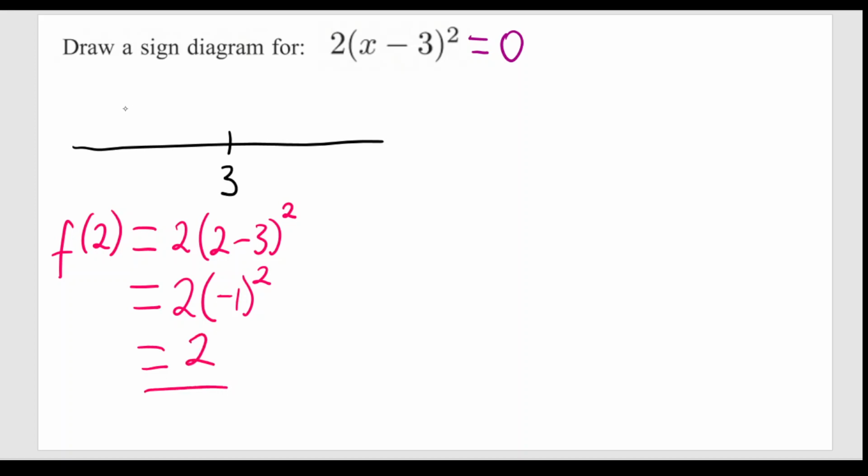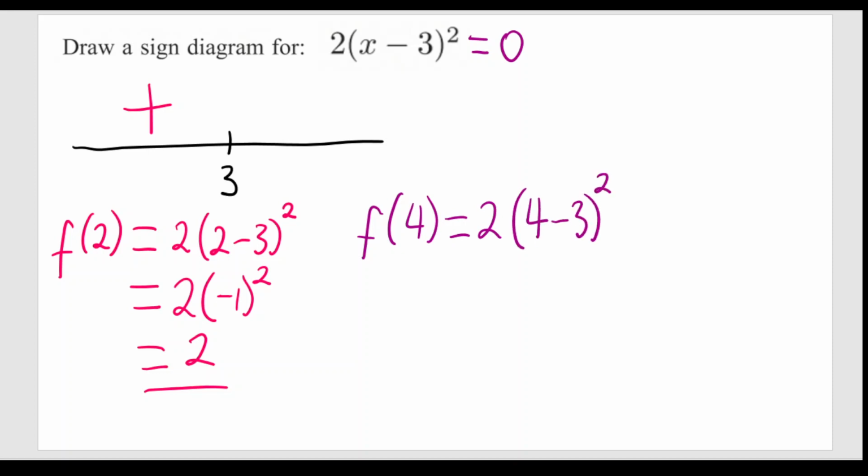That is a positive, so I'm positive on the left side of this. Let's look at something above 3, so let's go with f of 4, 2 times 4 take 3 squared, 2 times 1 squared, which is again 2.